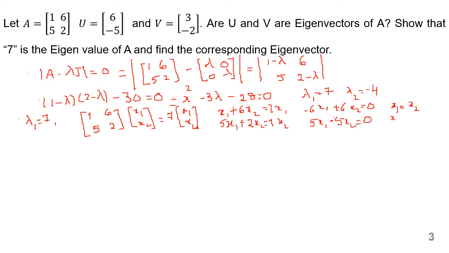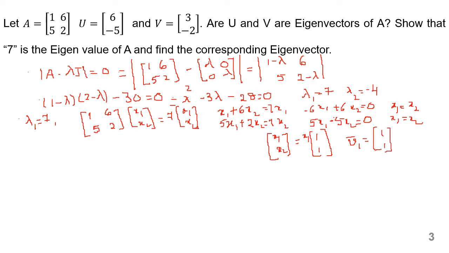Once again we get x1 equal to x2. So I can write x1, x2 as x1 times (1, 1). So the eigenvector is (1, 1).